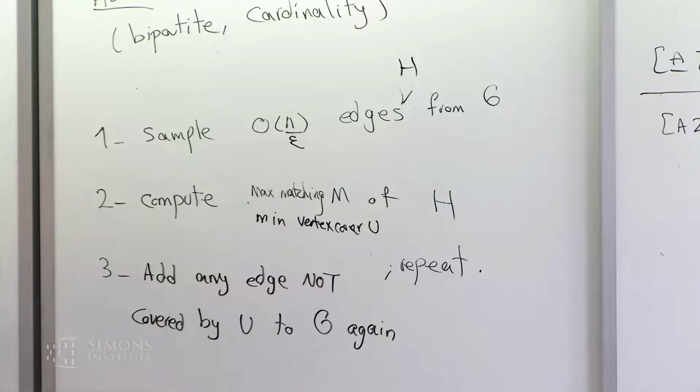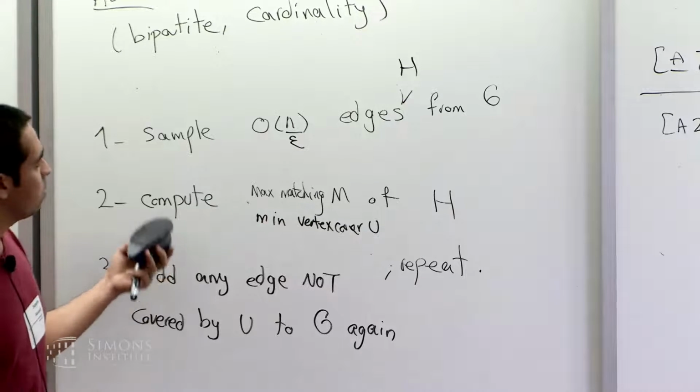You sampled a small number of them, and you computed the vertex cover of that small set of edges. Then you looked at G. The vertex cover you created was on a sample, so it's not going to cover all the edges of the original graph. Some edges are not covered. Take those edges and put them one more time inside G. G is a multigraph now. Okay? Put them one more time.